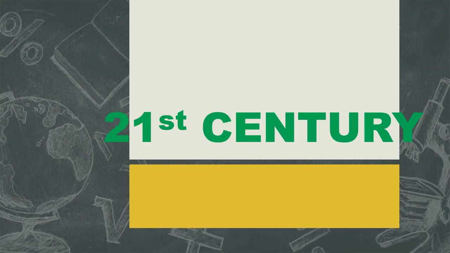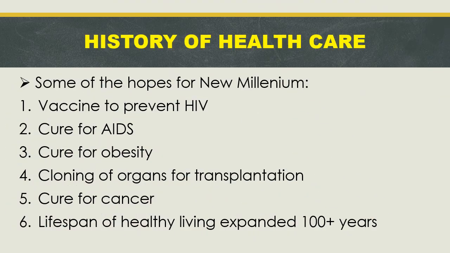Then let's proceed to the 21st century, which is the current period we are in. So, these are some of the hopes for the new millennium. First is vaccine to prevent HIV, also cure for AIDS, cure for obesity, cloning of organs for transplantation.